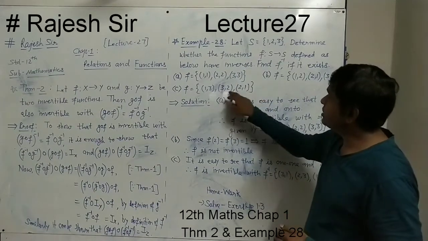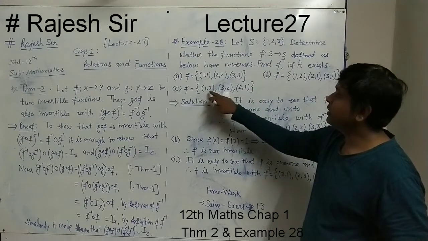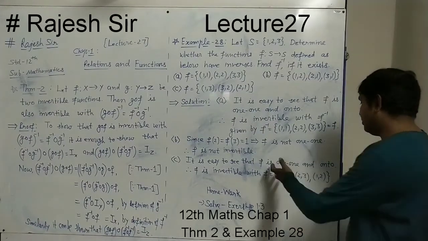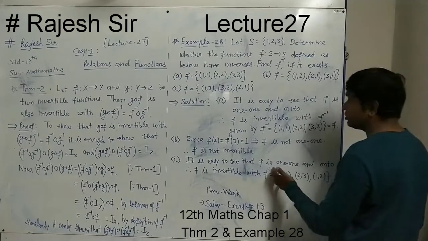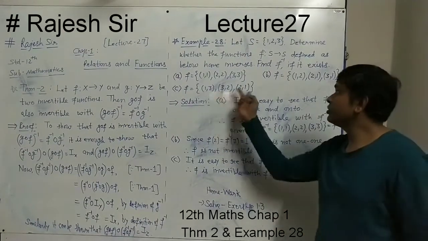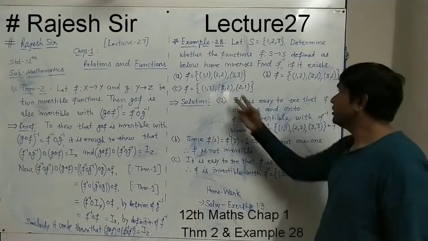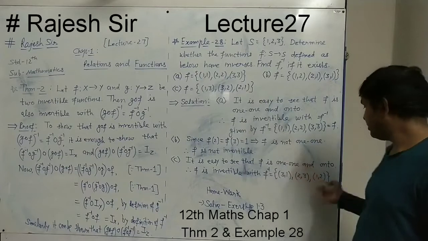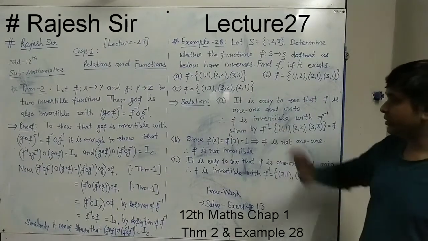And for different images of the codomain, there is a different element in the domain, so it is onto also. So it will be invertible. If it is invertible, F inverse will be the reverse of image and element: (1,3) becomes (3,1), (3,2) becomes (2,3), and (2,1) becomes (1,2). This is the inverse function of F in C.